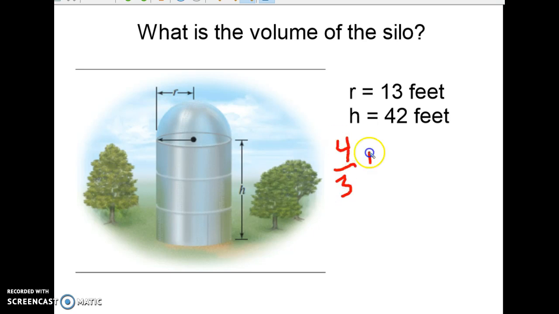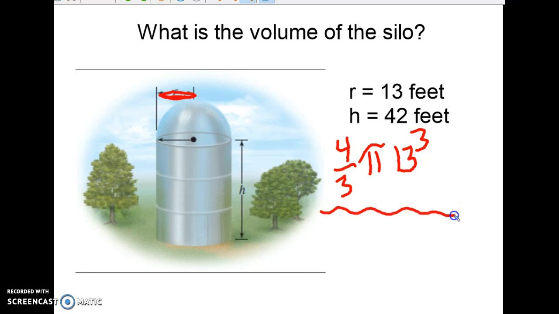We have 4/3 times pi times the radius, which in this case is 13, cubed. So this is for the hemisphere. They tell us that the radius is 13, which is right here. Now the radius of the sphere and the radius of the cylinder are going to be the exact same because the sphere fits perfectly on top of the cylinder.